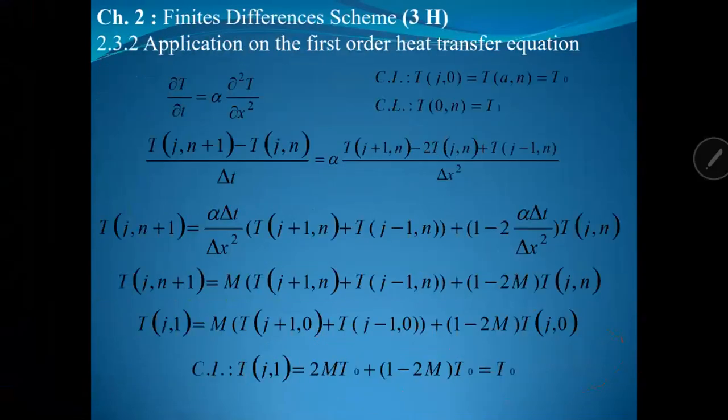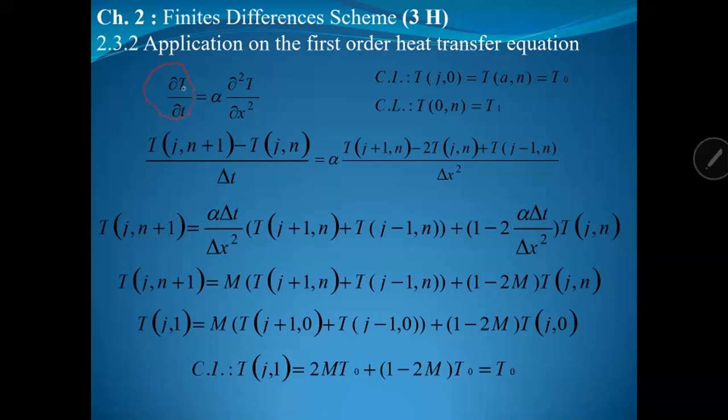What can I do? Do you see what we have here? I need to scheme dT over dt using the right scheming, okay? And this method is an explicit finite difference method. I said that this method is when we express T n plus 1 as a function of T n.